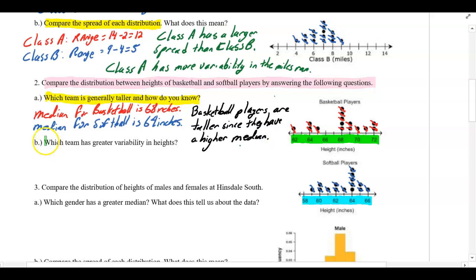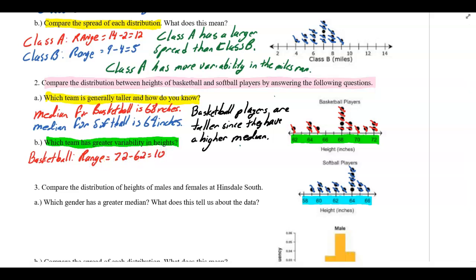The second part of the problem says which team has greater variability. Again, we'll use the range. So for the basketball players, the range is 72 minus 62, which is 10.